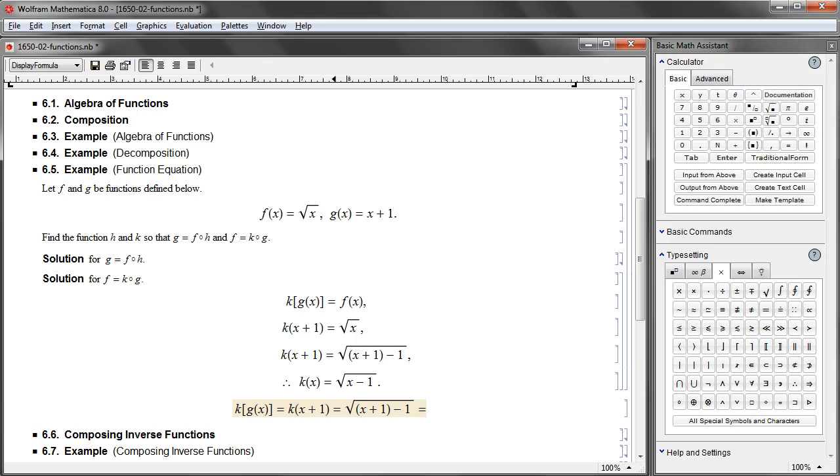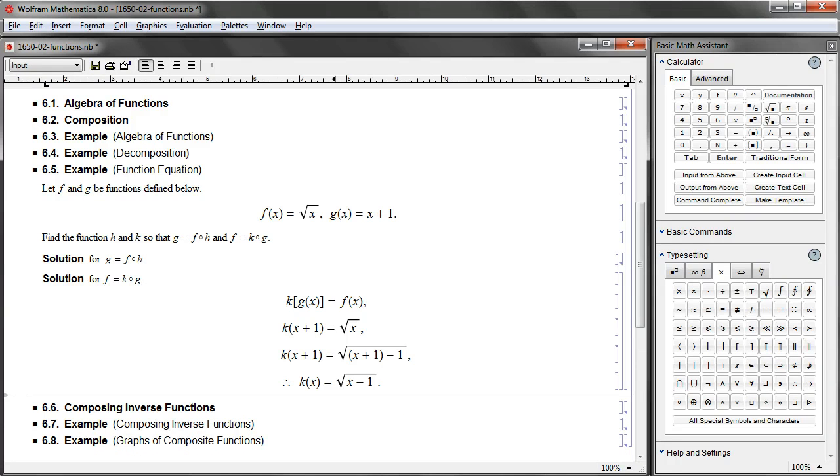So if we simplify, we have square root of x, and is it what we want? Yes, that's right. So this is the checking process. And once you know the answer, k is square root of x minus 1, this checking process is not too bad. It is just an algebraic expression of composite function. You can check that. But to do this in the forward direction, finding out what function k is from here in the second step is not easy at all.